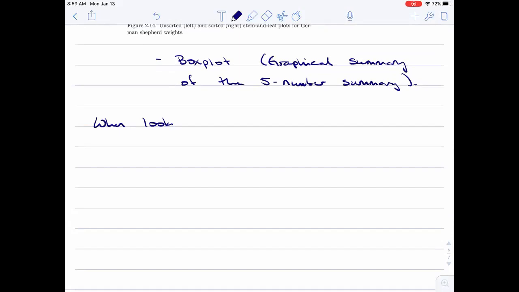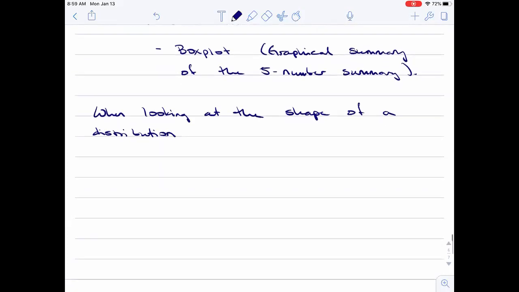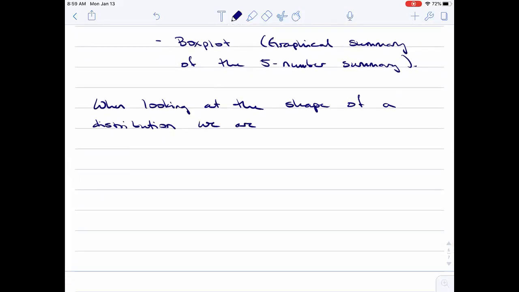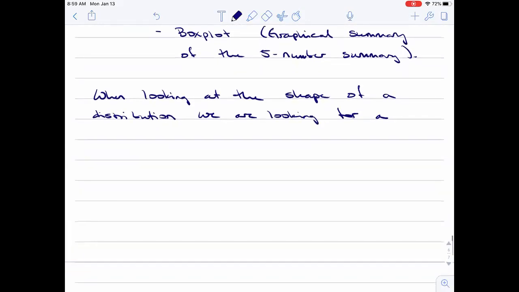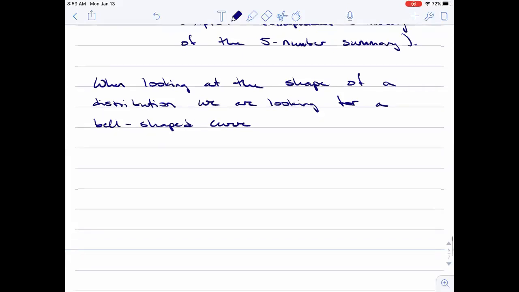When looking at the shape of a distribution, we are looking for a bell-shaped curve called the normal distribution. And I'm even going to capitalize the Normal to emphasize that it's the name of a distribution.